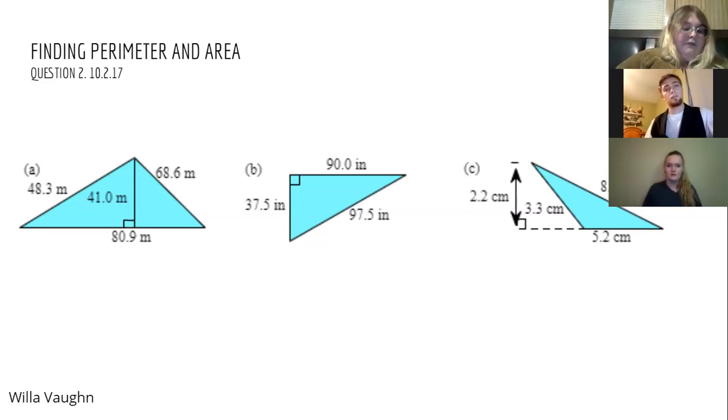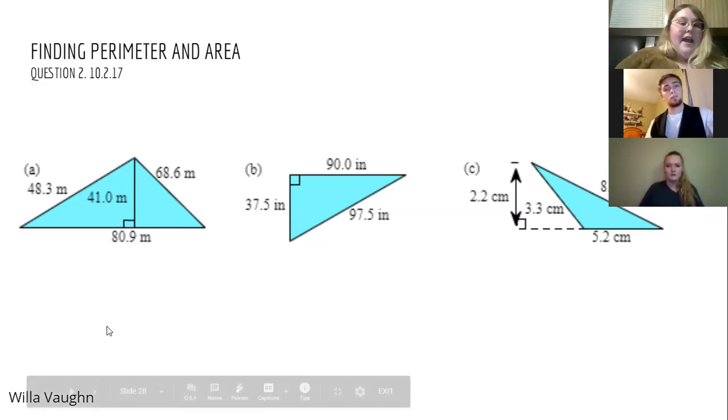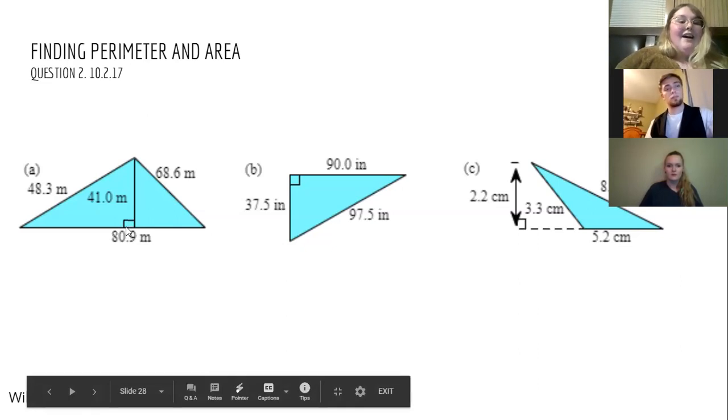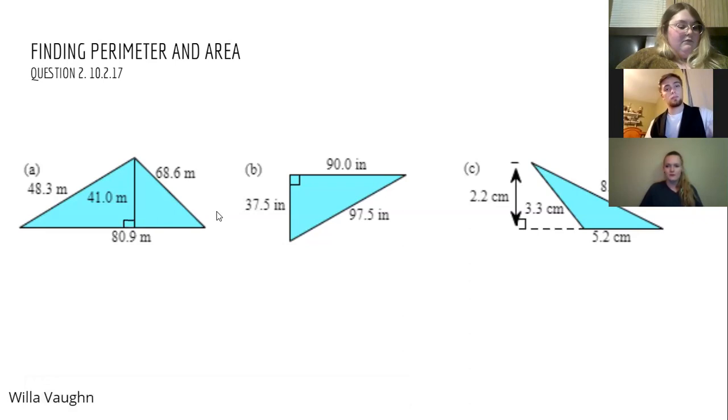So for the area, the formula for the triangle is base times height divided by 2. So for triangle A, it's going to be 80.9 meters times 41 meters right here in the middle, divided by 2, and that's going to equal 1,658.45 meters squared.